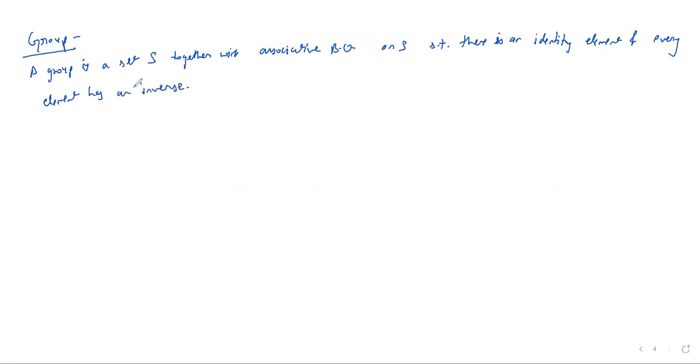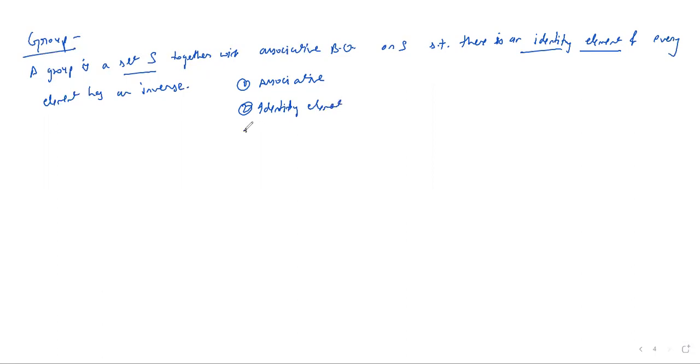So from the definition you can see that there are three things to notice. A group is a set S which follows, first, associativity with associative binary operators, and second, on S such that there is an identity element. Second thing is it has an identity element.